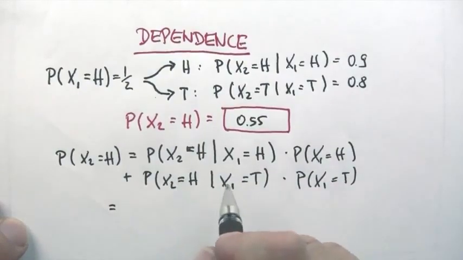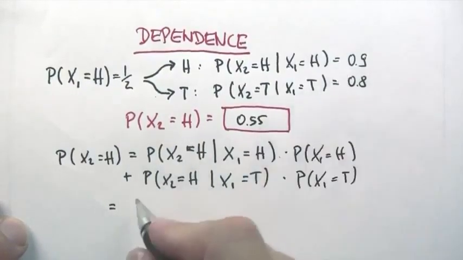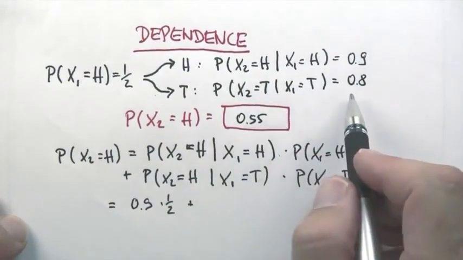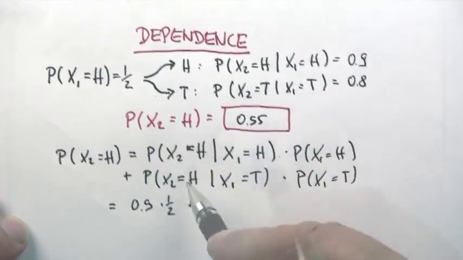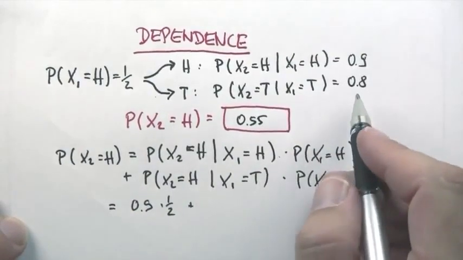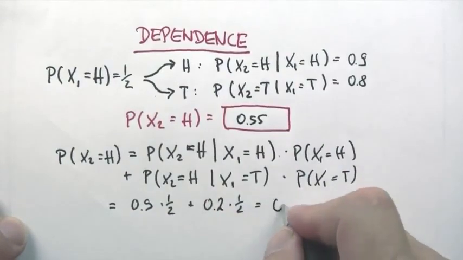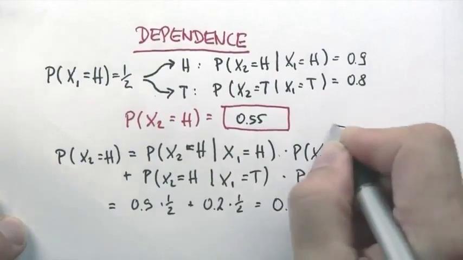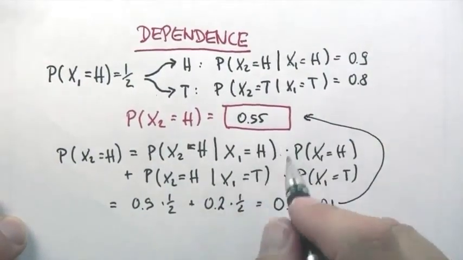Plugging in the numbers gives us the following. This one over here is 0.9 times a half. The probability of tails is 0.8. Thereby, my heads probability becomes 1 minus 0.8, which is 0.2. Adding all of this together gives me 0.45 plus 0.1, which is exactly 0.55.